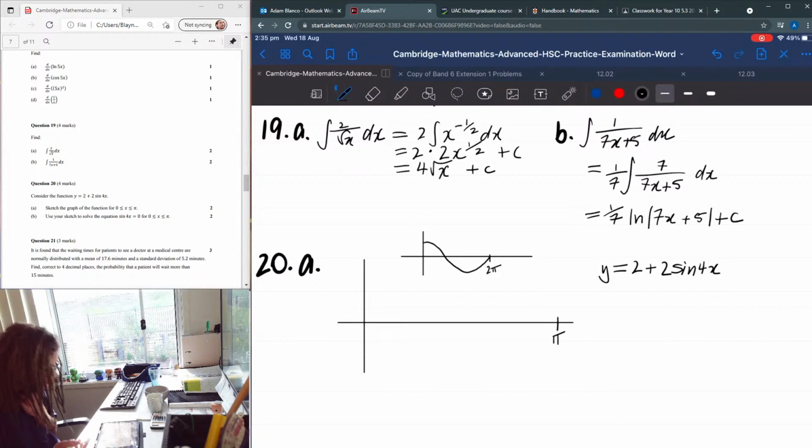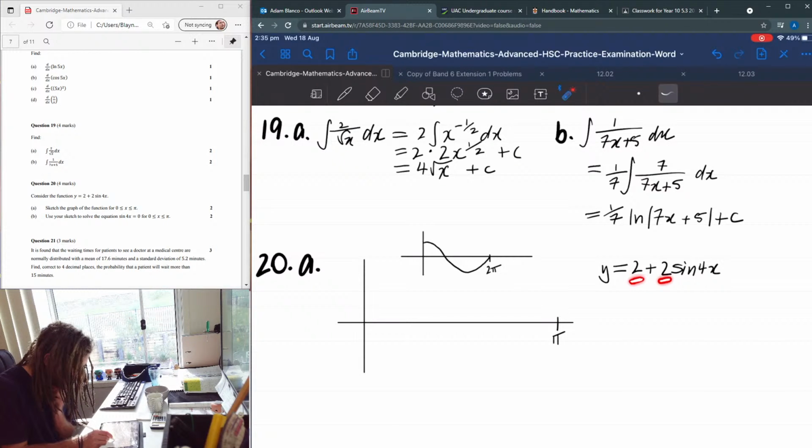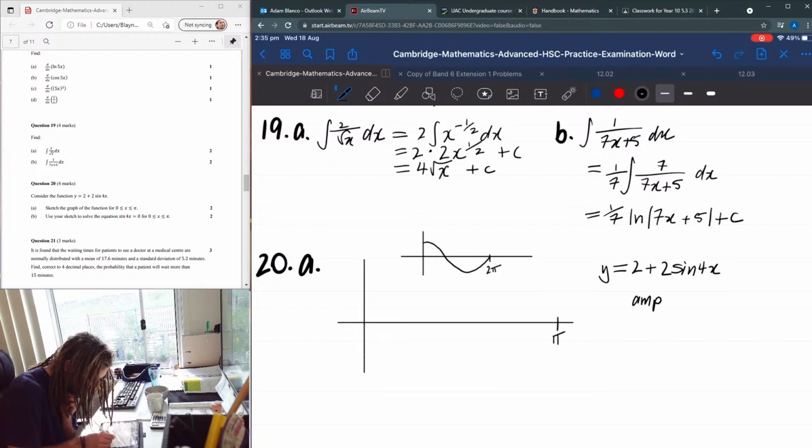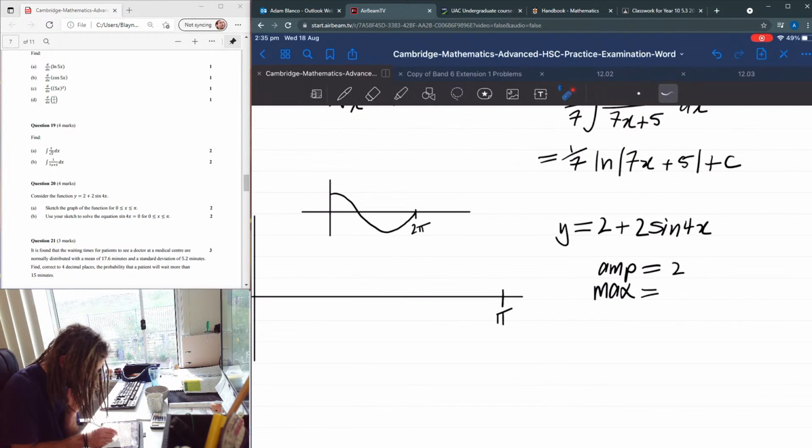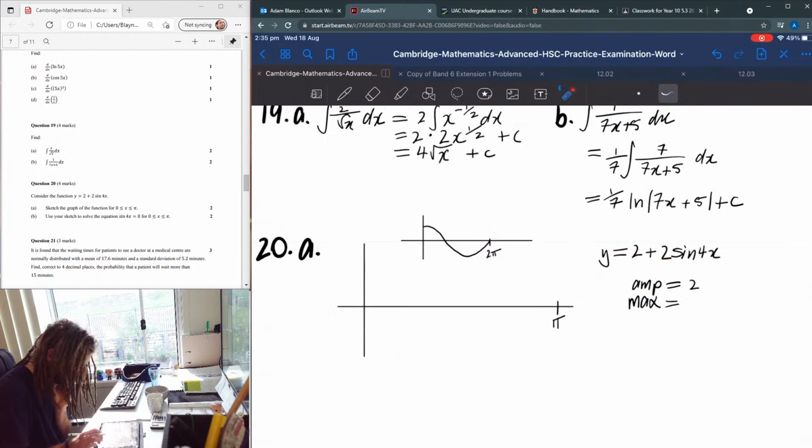The maximum is raised by 2, but it's also got an amplitude of 2. So the max height is going to be 2 plus that. It's confusing because they're all 2s. It's 2 plus this and 2 minus this. If that kind of makes sense.